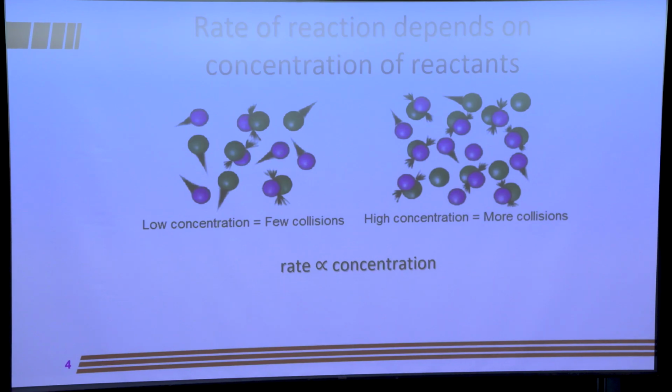So the rate of reaction must be proportional to concentration. It just makes sense, okay? All you have to do is look at this diagram, and you can see that it makes perfect sense, all right? So the rate is equal to a rate constant times concentration. If A is proportional to B, then A is equal to a constant times B, okay? And in this case, the rate is equal to the rate constant times concentration, all right?